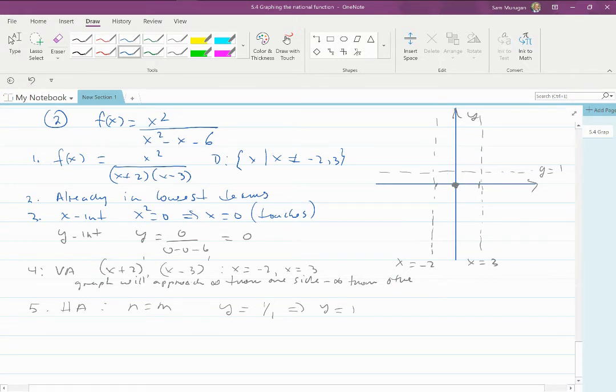So we have to come downwards and put it like this instead. Now, that means that if this end is going to negative infinity, this end here would be going to positive infinity. And if this is going to negative infinity here, this end is going to positive infinity here.